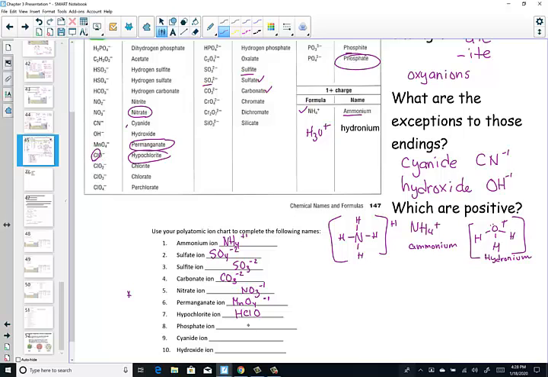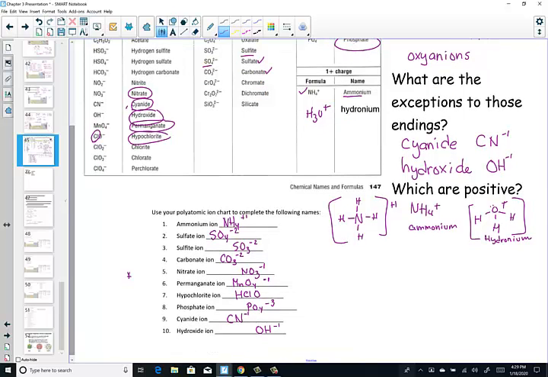Phosphate, that has a phosphorus chemically bonded to 4 oxygens with a net -3 charge. Cyanide, cyanide, CN -1. A carbon bonded to nitrogen with a net -1 overall charge. And under that is hydroxide. O bonded to an H with a net -1 charge, hydroxide.